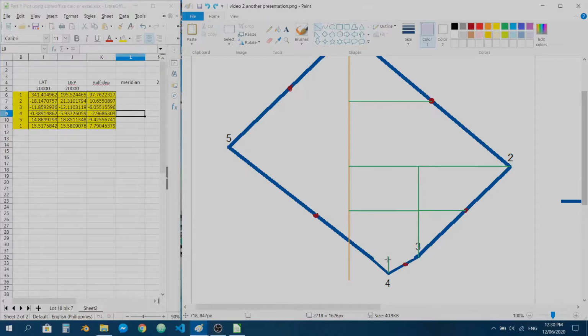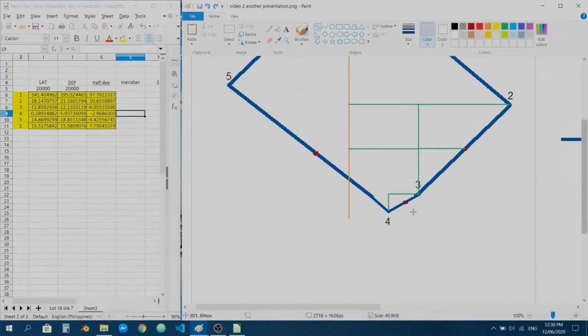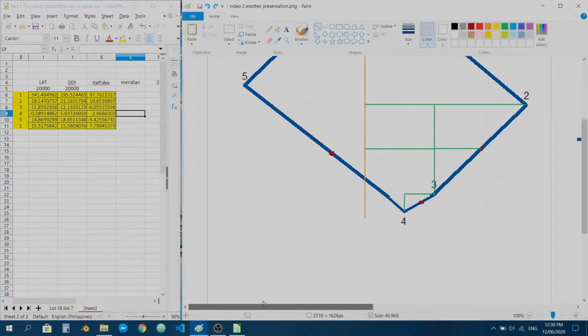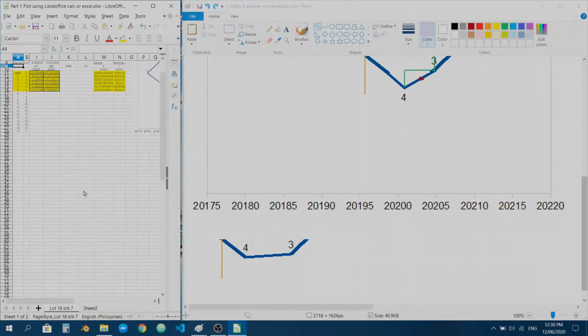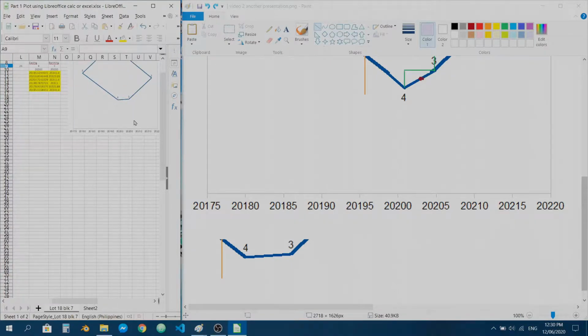Okay, for 3 to 4, this is the latitude, and then this is the departure. Oh, by the way, I adjusted this 3 to 4 because, as you can see, this is the original plot. I just adjusted it for our presentation, since as you can see here, there is no room for us to show the meridian and then the latitude and then departure.